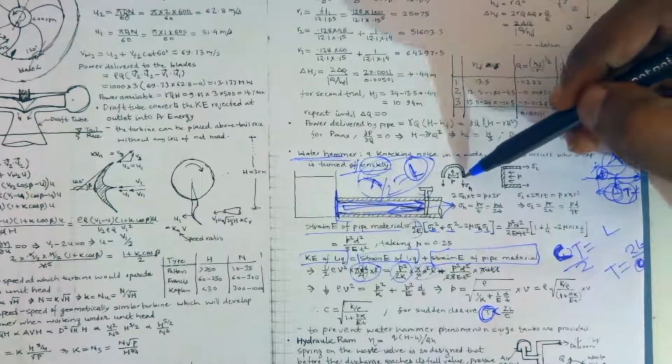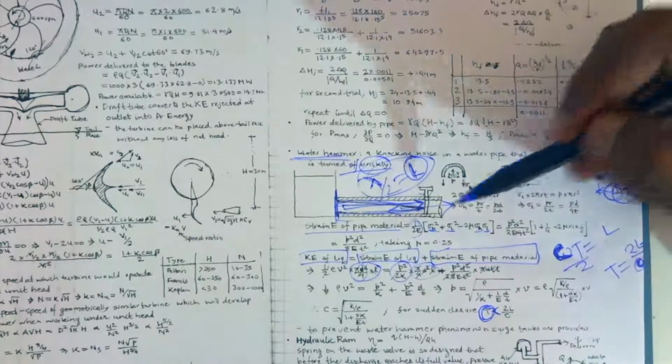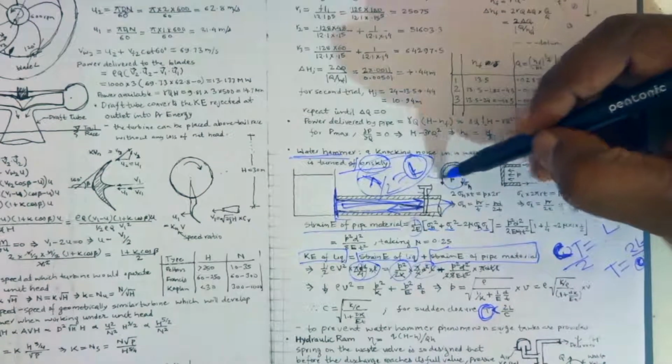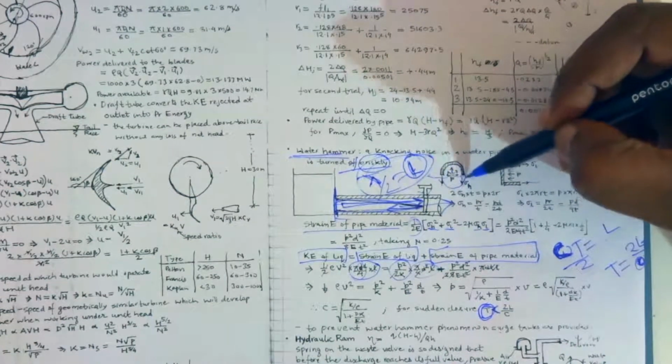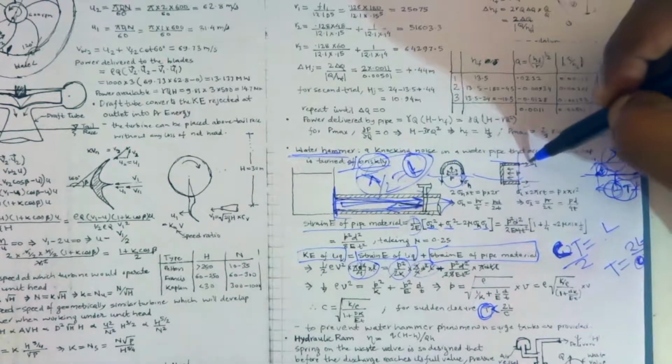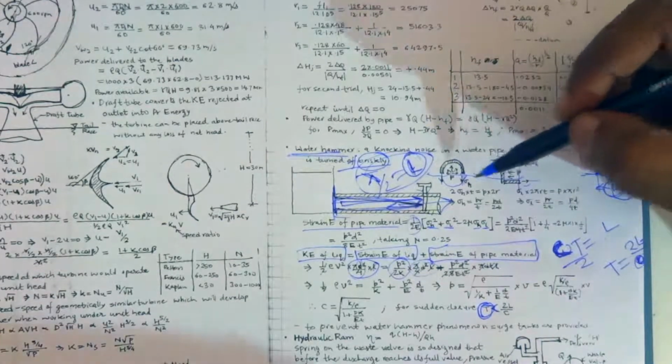Sigma h is the hoop stress and sigma l is the longitudinal stress in the pipe. If you cut the pipe longitudinally, this stress is called longitudinal stress.